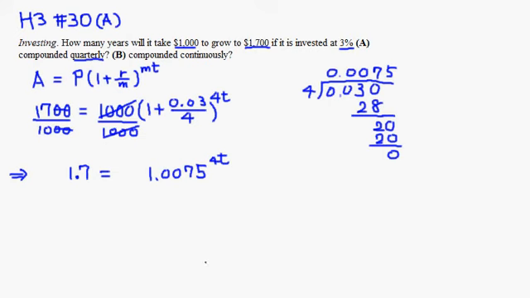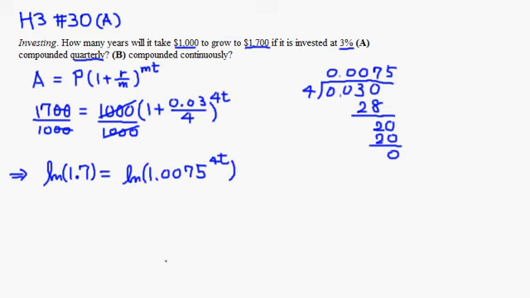Then we need to isolate 4t, which is sitting as a power. The easiest way to do it is take the natural log of both sides. So we take the natural log of the left hand side, and the natural log of the right hand side also.